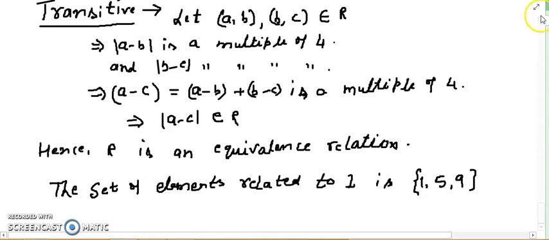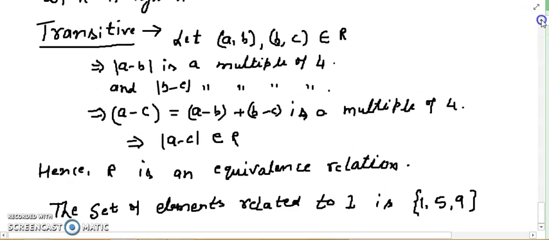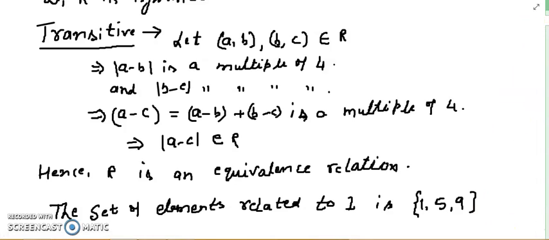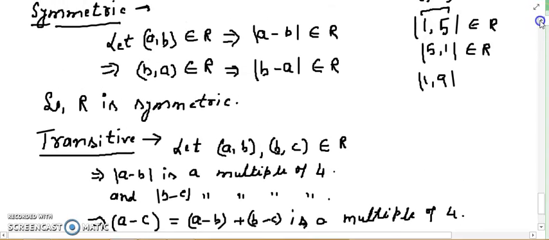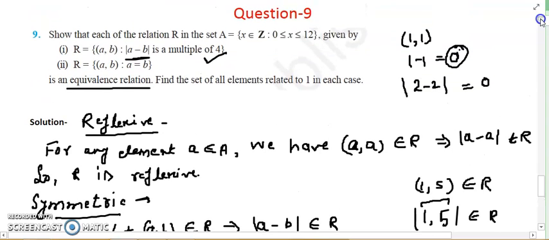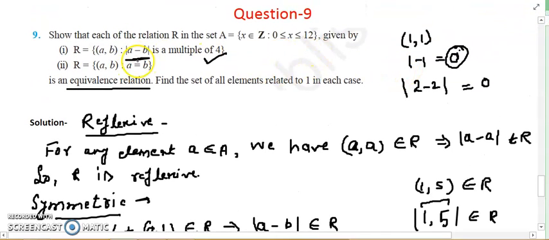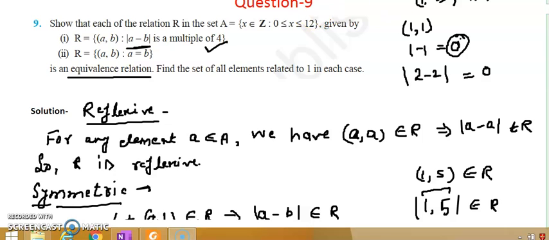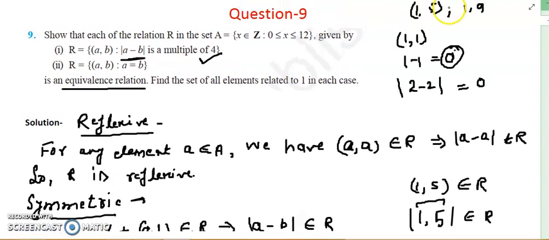All right. So now you may be perplexed why I have taken these three elements 1, 5 and 9. You may check. For this condition, a minus b is a multiple of 4. So along with 1 we can take 5, along with 1 we can take 9, and along with 1 we can take 1 itself.